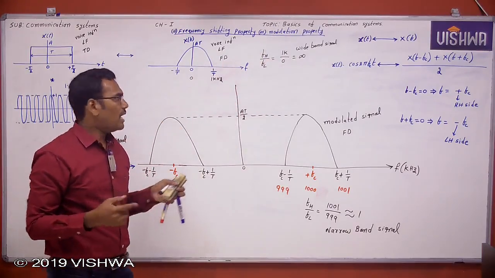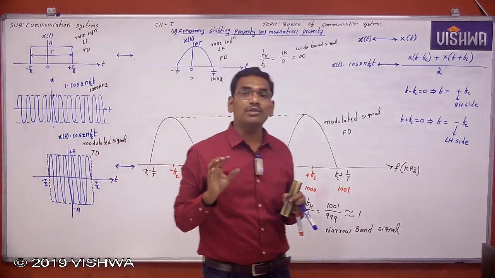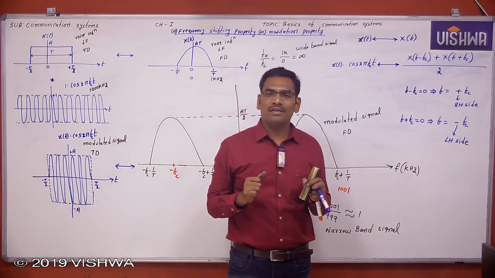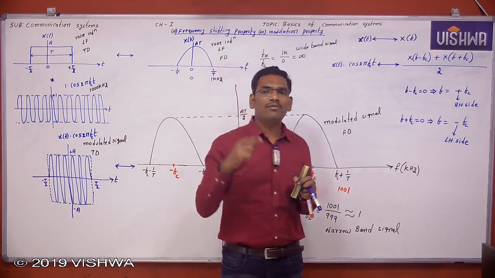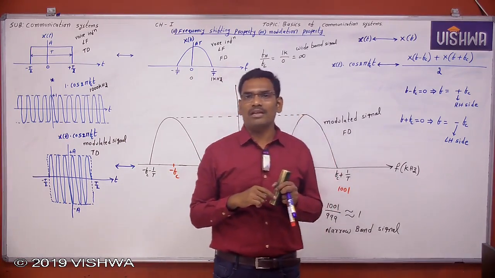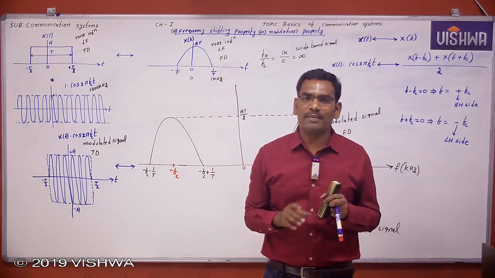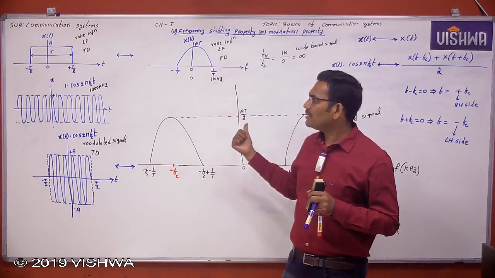After this I will give a list of the uses of modulation, why we go for modulation. In analog communication, digital communication, everywhere you use the word modulation. What are the advantages of modulation? Without modulation, what happens? I will give the list of that. This is one of the advantages of modulation.